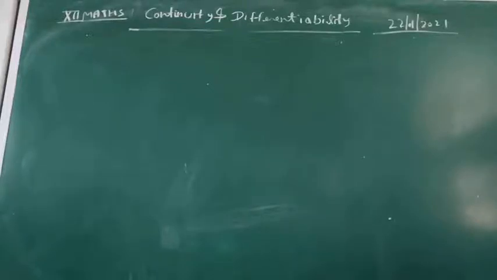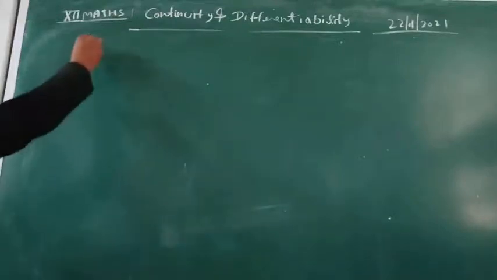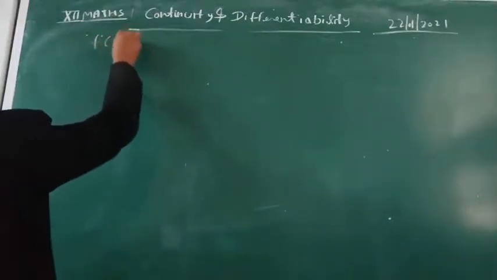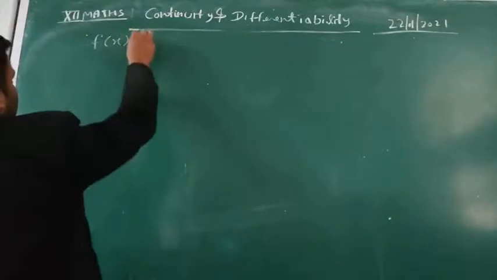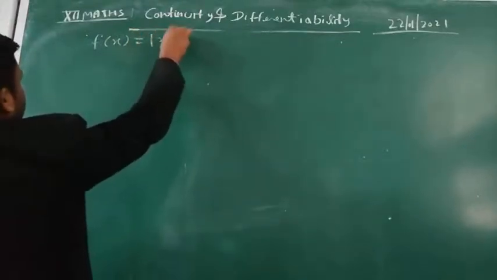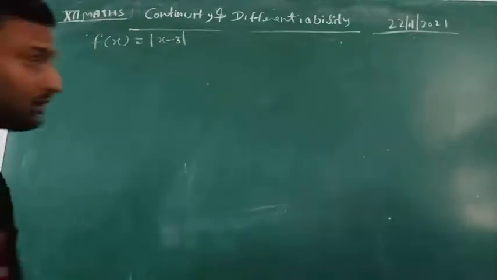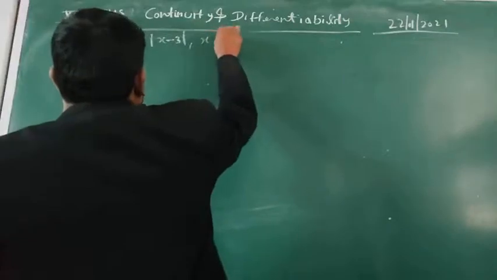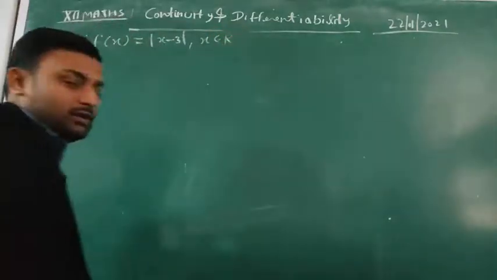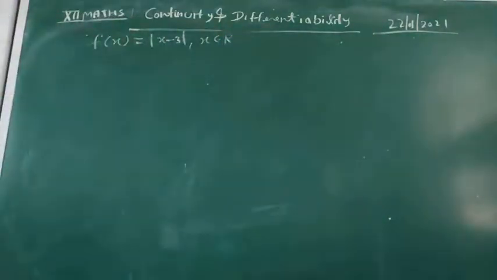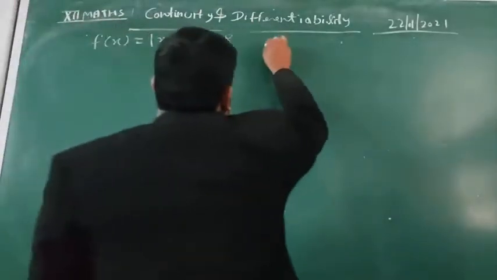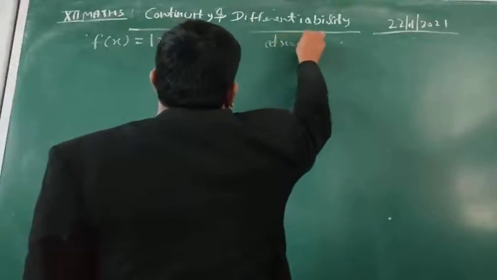Now student, our next question is to show that the function f x is equal to mod x minus 3, where x belongs to the set of real numbers, is continuous but not differentiable at x is equal to 3.